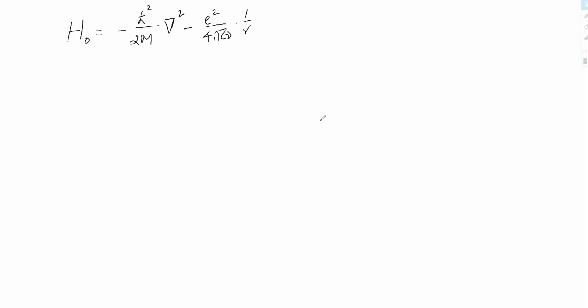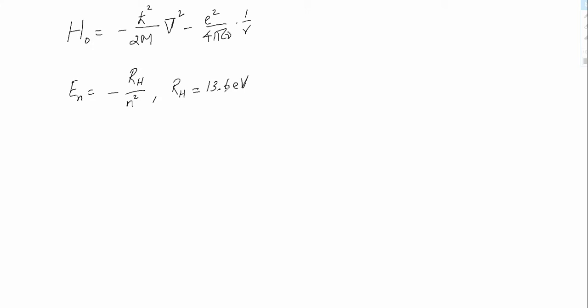This is what has been taught to us in the class, and we have also been taught that the energy in the nth orbit, if you use Bohr's model, turns out to be RH by n square, where RH is known as the Rydberg constant, and this value for hydrogen atom is 13.6 electron volts.